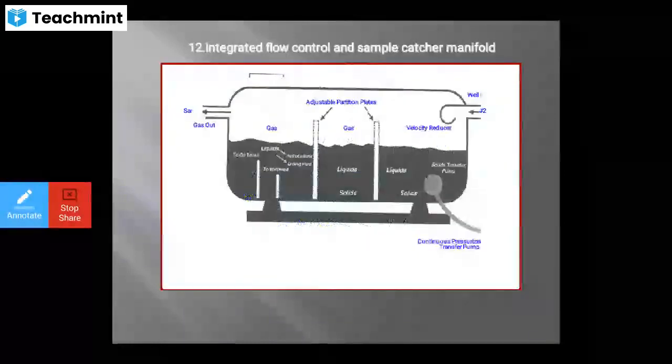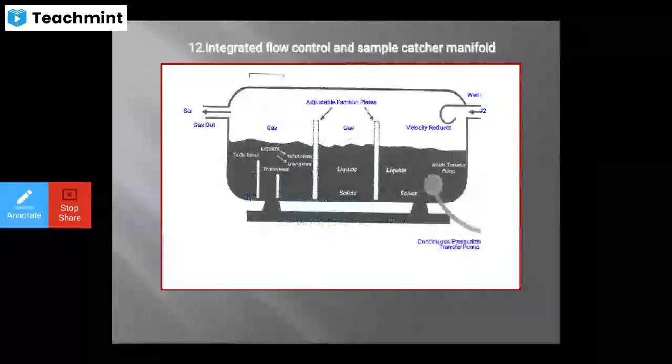This is your typical horizontal 4-phase separator for underbalanced drilling. You can see here the gas, liquid, solids and oil, and the transfer pump also shown, and the velocity reducer and adjustable partition plates also shown. And here you will be able to separate. So it is a horizontal separator for your underbalanced drilling.